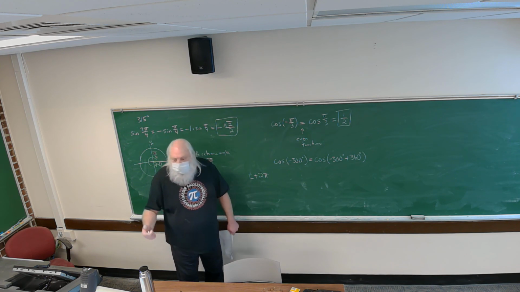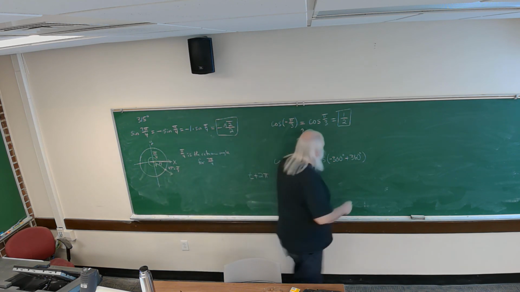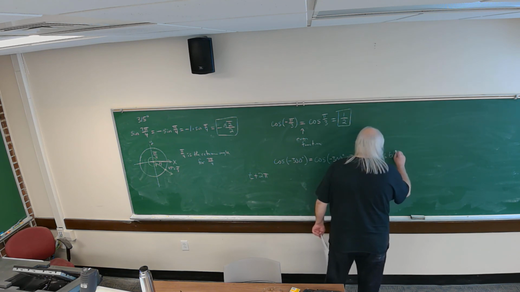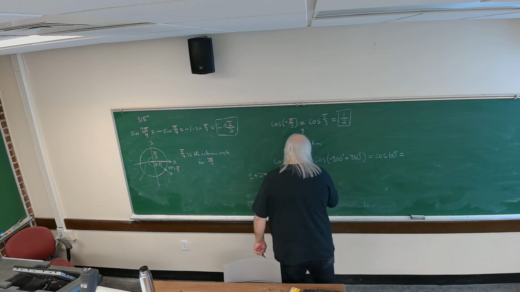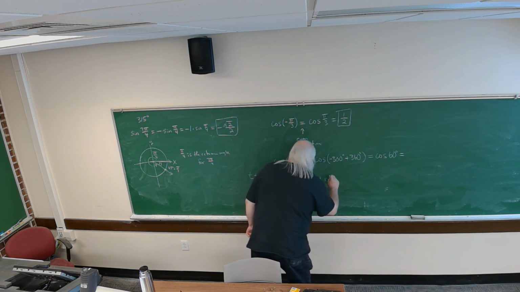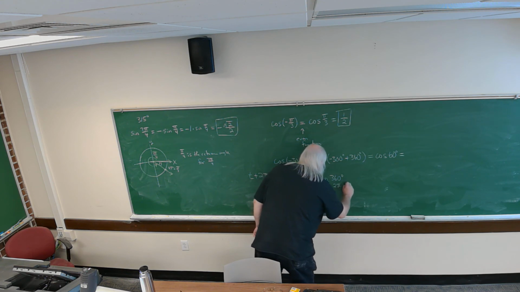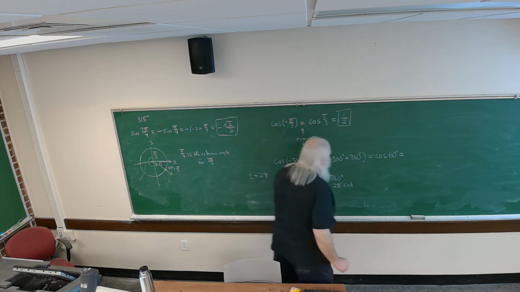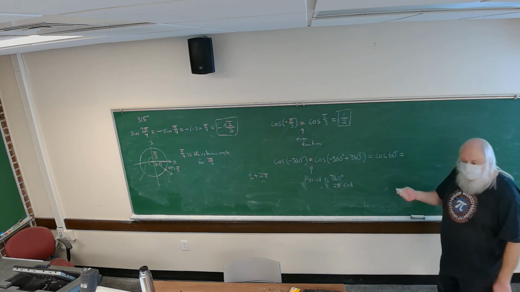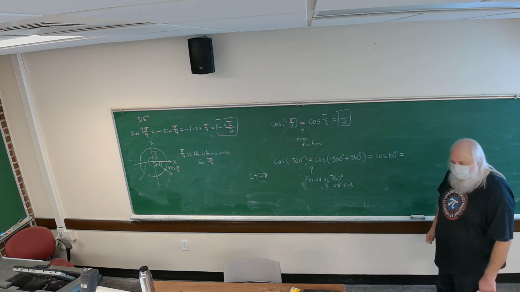What's minus 300 plus 360? 60. So this is equal to the cosine of 60 degrees. Let me put a comment in here: cosine has a period of 360 degrees, which is the same as 2 pi radians. 60 degrees is the same as what in radians?